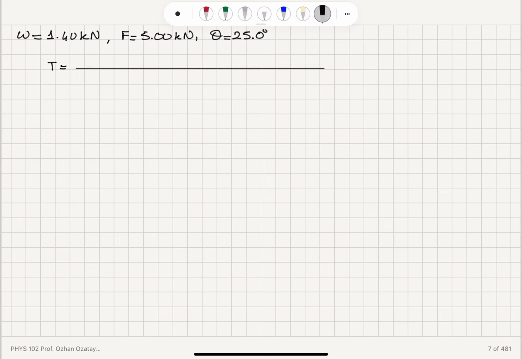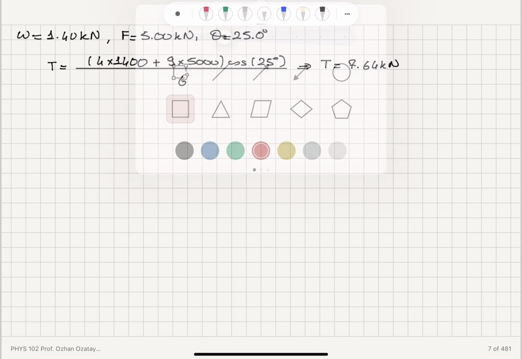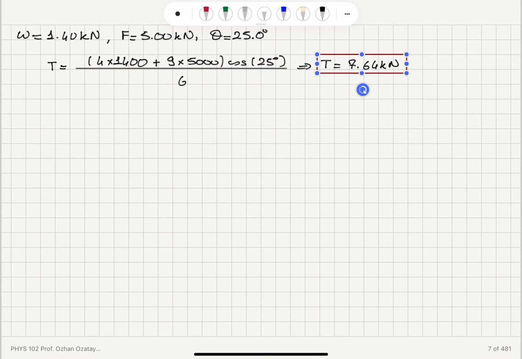So we will have 4 times 1,400 newtons plus 9F, 9 times 5,000, multiplied with cosine of 25 degrees divided by 6. So this will give us, for the tension, 7.64 kilonewtons. So that's our answer for tension.